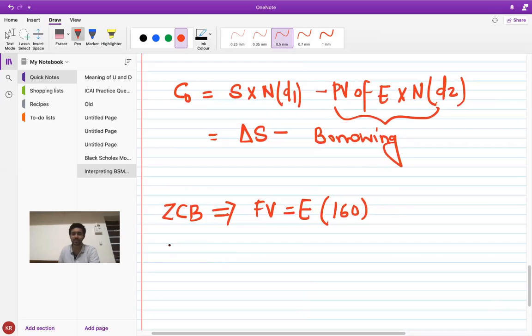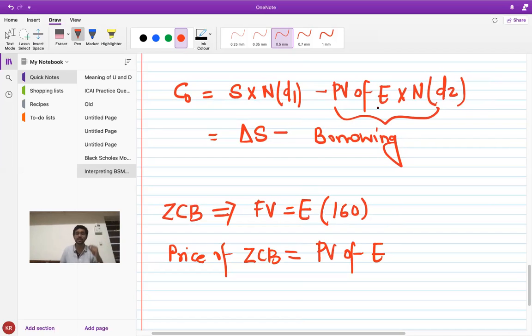The price of the zero coupon bond today is going to be equal to the present value of E, the present value of a zero coupon bond whose maturity is T equal to 6 months. The face value is 160, the exercise price. So the price of the zero coupon bond is equal to the present value of the exercise price.